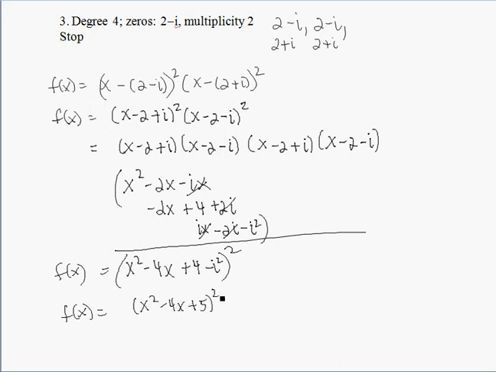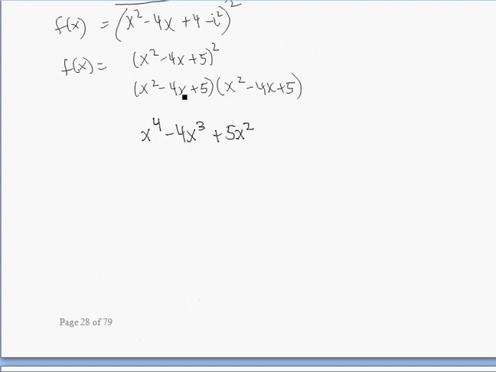And now I square that. So in order to square that, I just rewrite it as x squared minus 4x plus 5 times x squared minus 4x plus 5. And I continue with my multiplication. So I'm going to multiply x squared times these three terms here. So there's my result there. Now I do -4x times these three terms here.